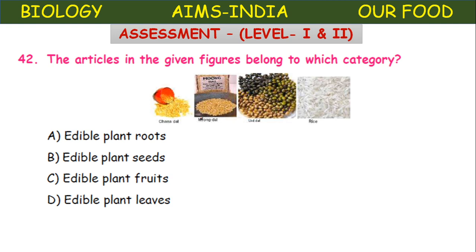The articles given in the figure below belong to which category? Channa dal, moong dal, urad dal, rice. Edible plant roots, edible plant seeds, edible plant fruits, edible plant leaves. They are all edible plant seeds, pulses and cereals.